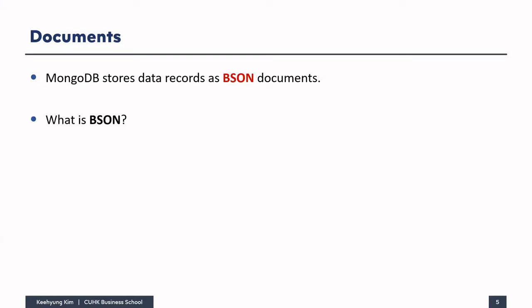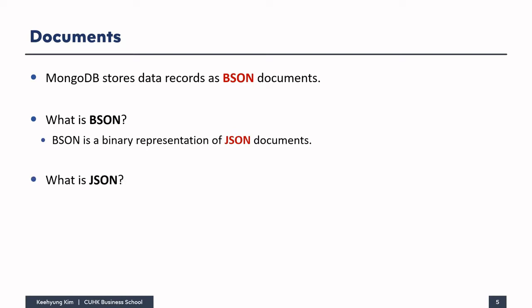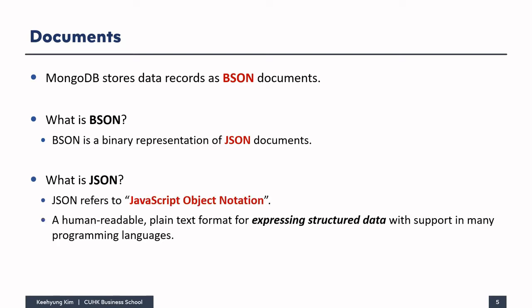Then the question is, what is JSON? Actually, BSON refers to the binary representation of a JSON document. Then the question is, what is JSON? JSON refers to JavaScript Object Notation.